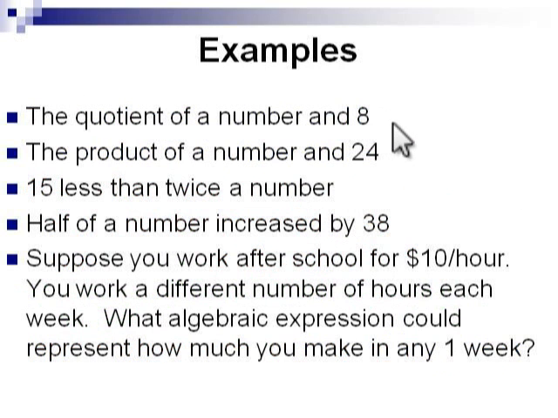First of all, the quotient of a number and 8. That means we're going to be dividing. A number would be a variable, so we're going to use n for the number.